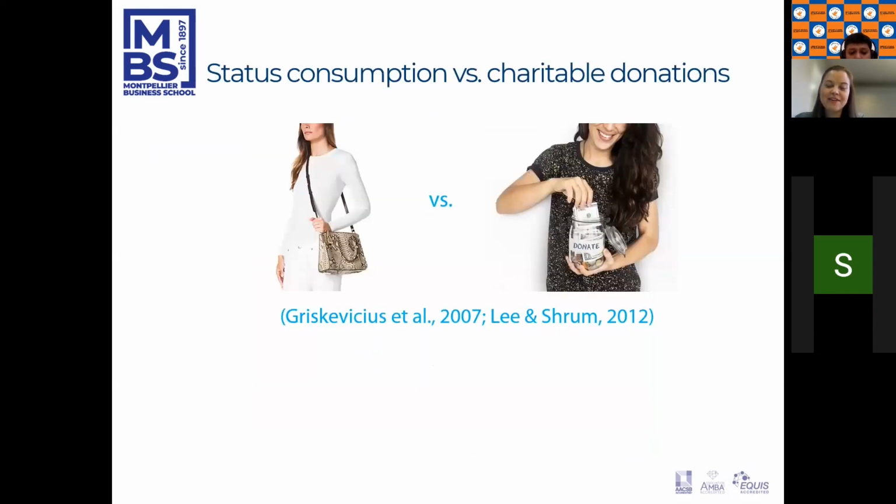And this is very often contrasted with other behavior, which obviously is very focused on other people and on the welfare of other people. And that's charitable donation behavior, right? Because if you donate to charity, this typically means that you care about other people, you want to help them, and not only other people, it can be charitable causes that are helping animals, for example.